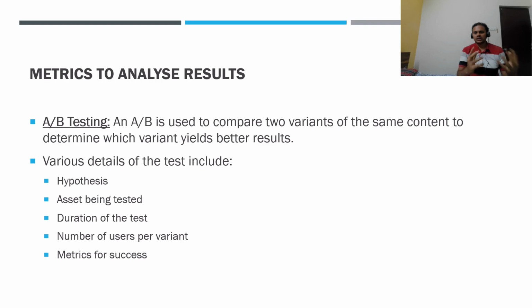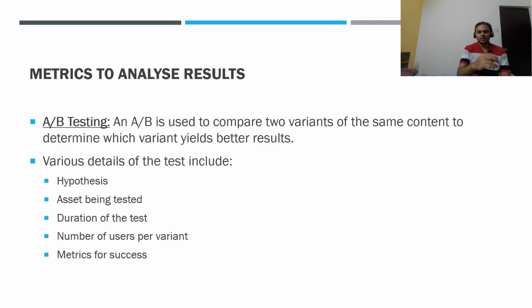So it starts off with a hypothesis that, okay, our email open rate has not increased over the past month, or it has decreased over the past month, maybe because we are not putting the right headline in the email itself.